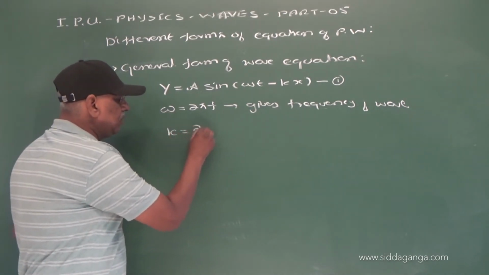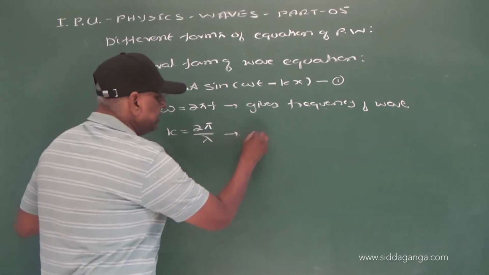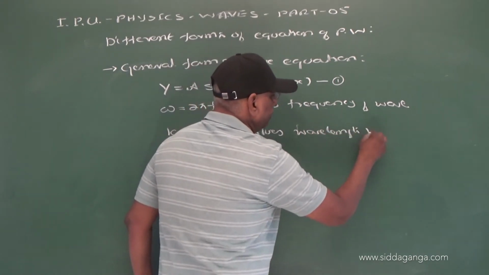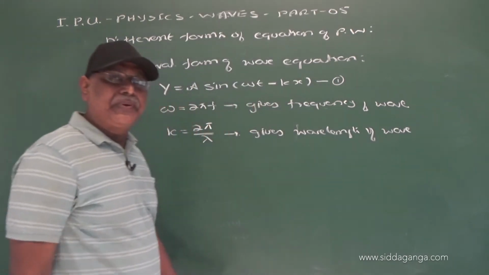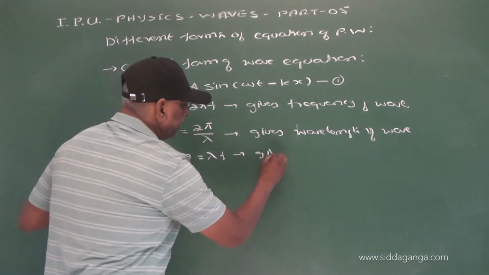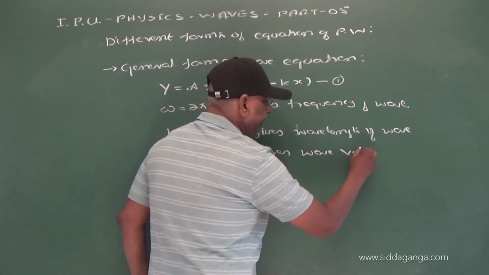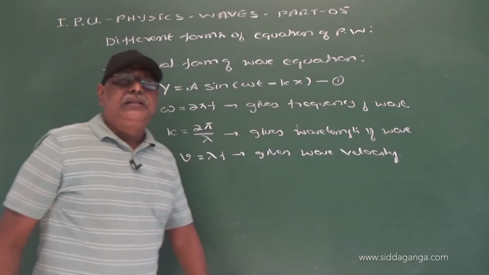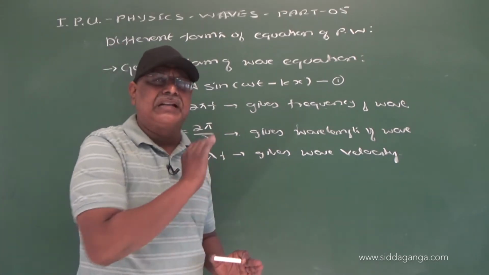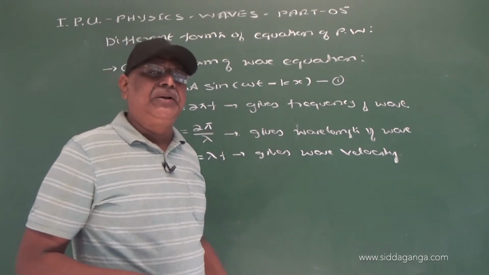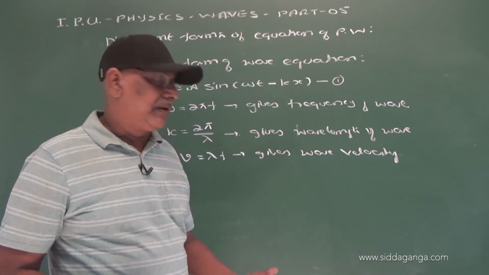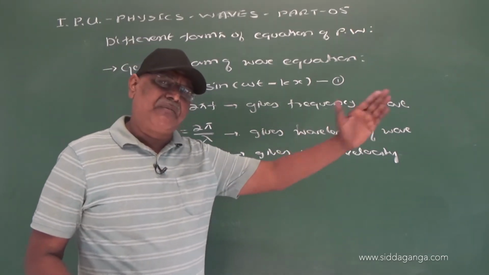Now k is equal to 2 pi by lambda, which gives the wavelength of the wave. And again we have v is equal to lambda into f, which gives the wave velocity. That means this equation includes all the characteristic parameters of a wave like amplitude, frequency, period, wavelength, angular velocity, wave velocity, etc. All the information can be obtained.